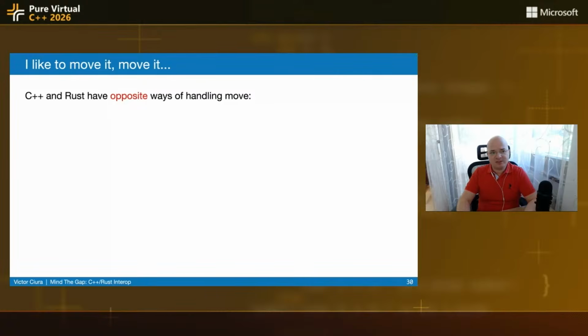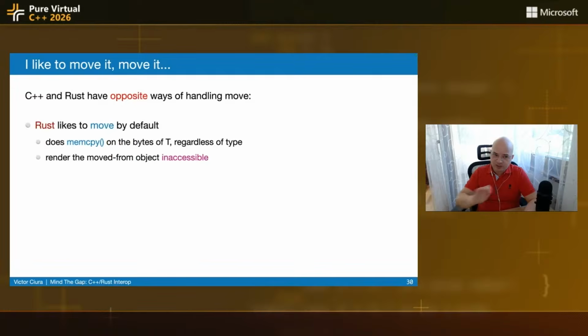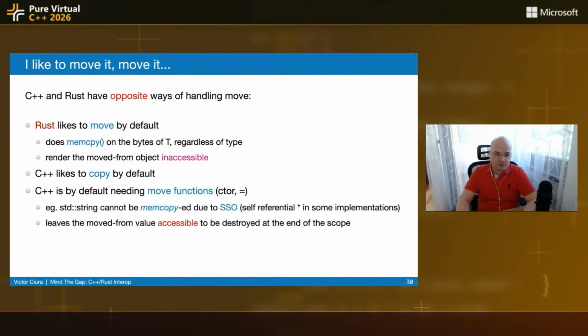So C++ and Rust have opposite ways of handling moves. Rust very much likes to move by default and does a memcopy of the bytes of the type, regardless of the type, and it renders the moved-from object inaccessible through the type system. That's a hard no in C++, whereas C++ likes to copy by default, as we all know.